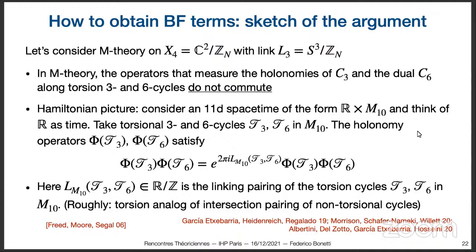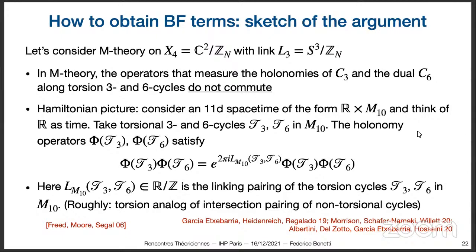So how do we go ahead and argue that there are BF terms in the symmetry TFT? Or at least, how can we detect if they're present or not? One way to do so is to rely on a picture based essentially on the work of Freed, Moore and Segal, on non-commuting fluxes in generalized Maxwell theory.